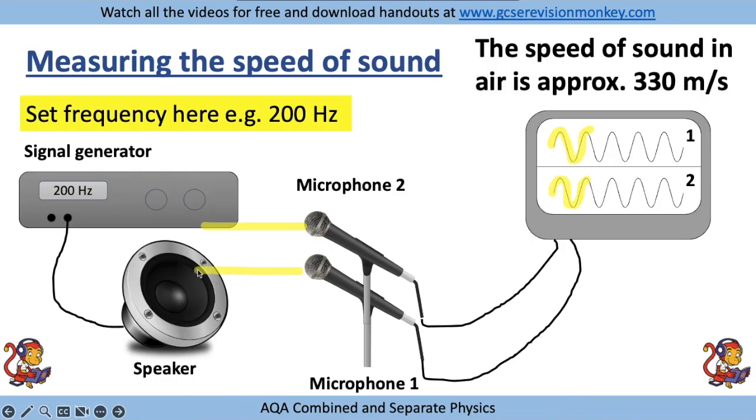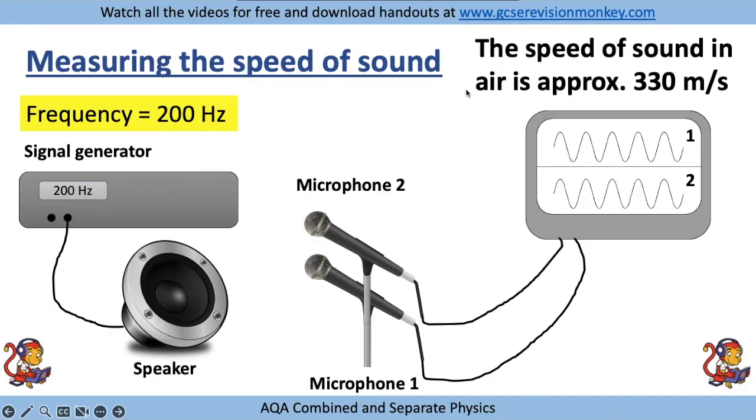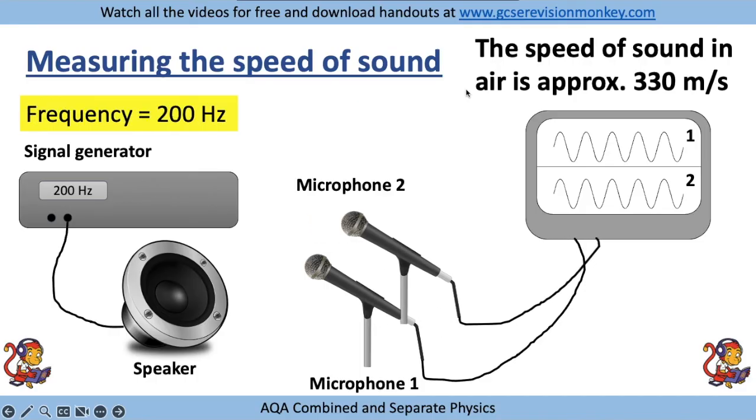Then you would move one of the microphones, let's say microphone 2 for example, you would move that backwards, and as you do that the wavefront will move as well, and then it won't be identical anymore. So you'll have microphone 1 here with your complete wave, and microphone 2 would have shifted slightly to the right as you'd moved the microphone backwards.